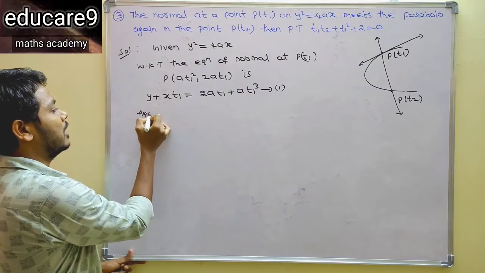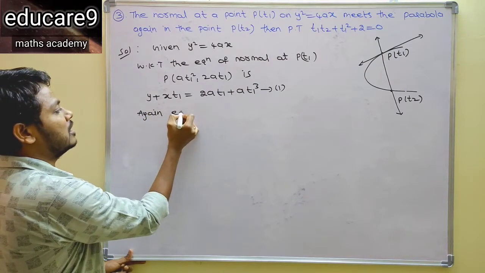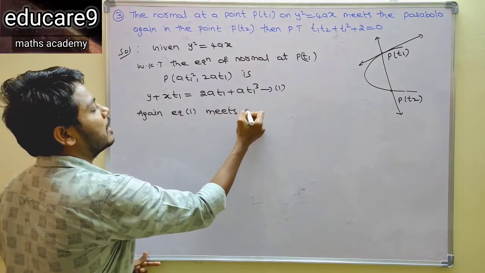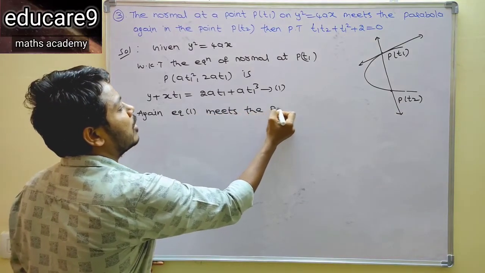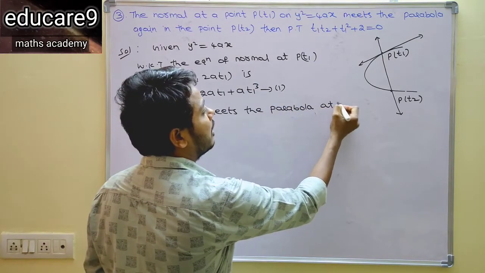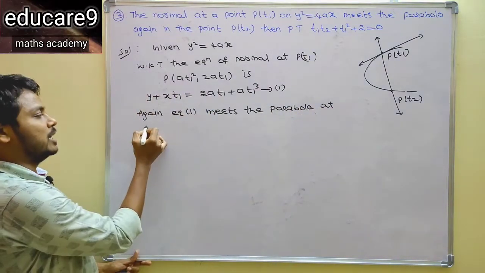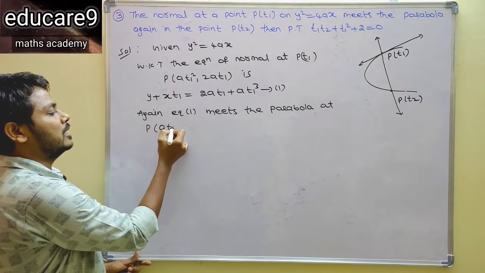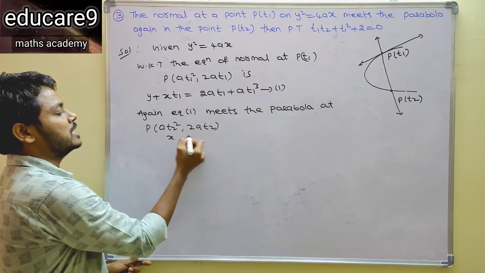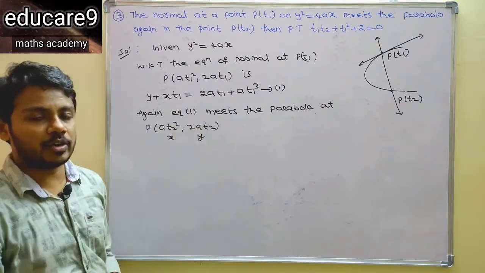So again equation 1 meets the parabola at P of T2, means P of AT2 square comma 2AT2. So this is the x coordinate and this is the y coordinate.